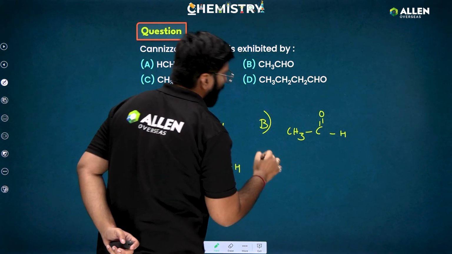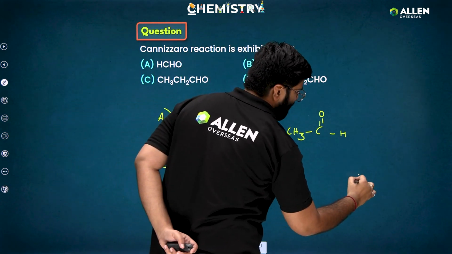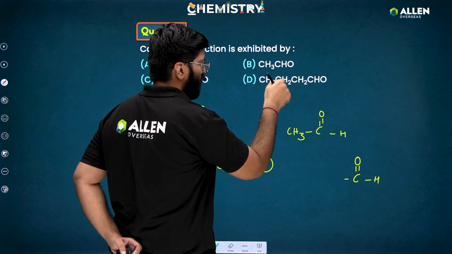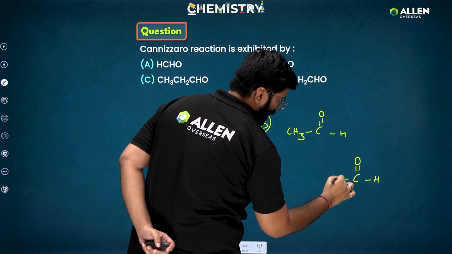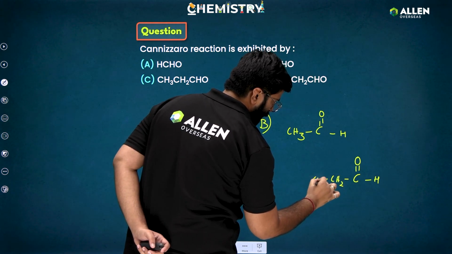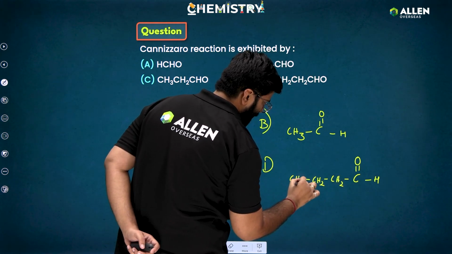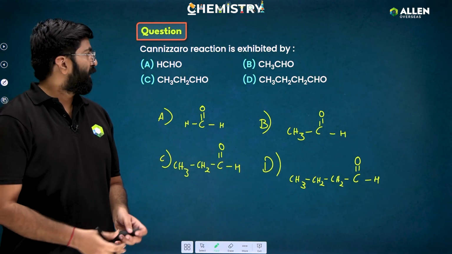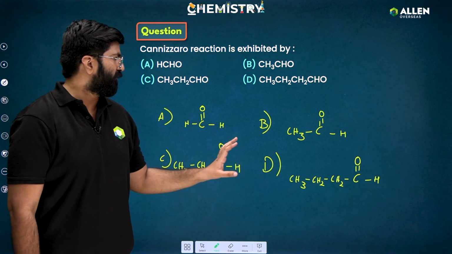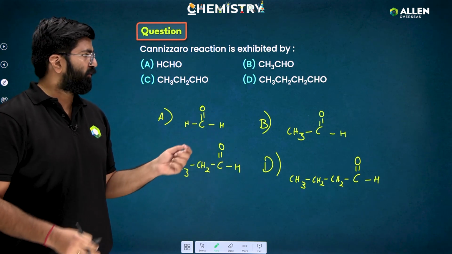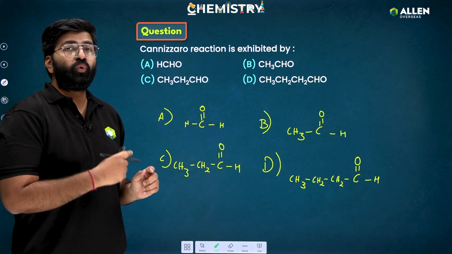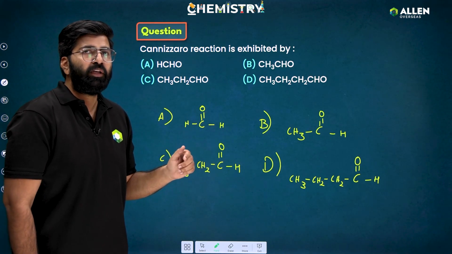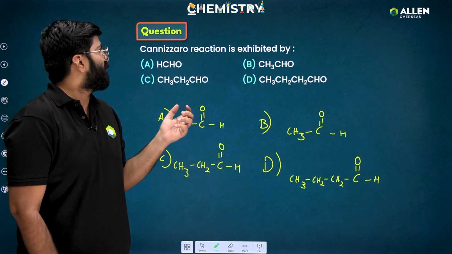And what is your D? In the D, if you see, there is again C double bond O, H and there is CH2, and then CH3. So this part is there. Now over here, once you have this, you can easily identify which of the molecules do not have an alpha hydrogen, because if they have alpha hydrogen, in that situation they cannot give Cannizzaro's reaction.